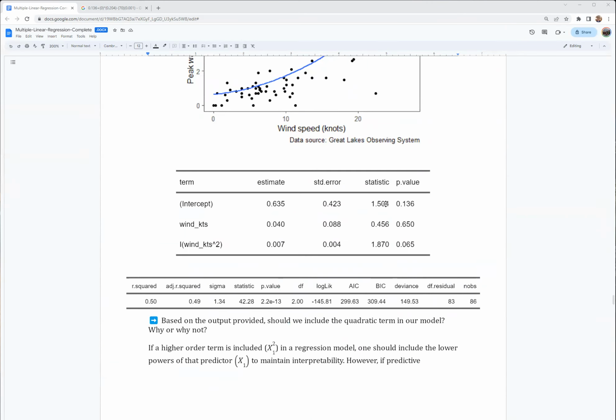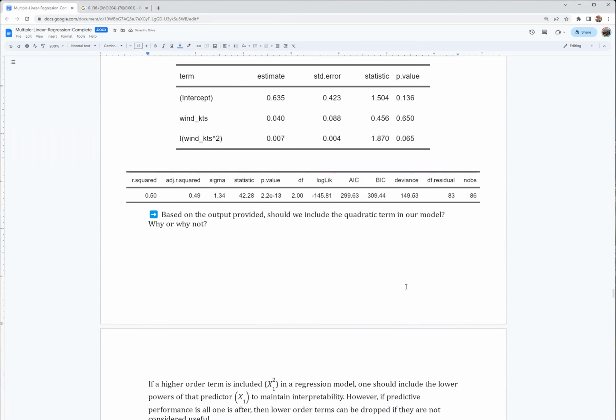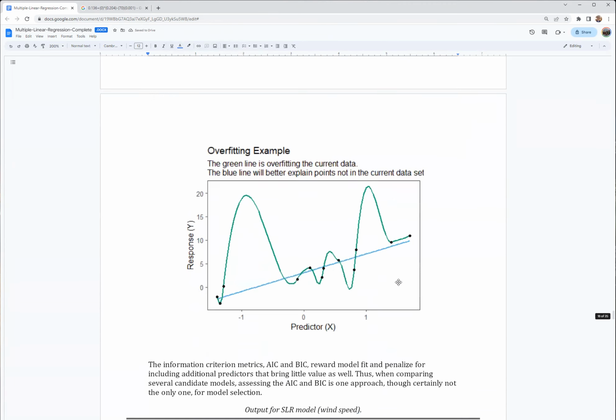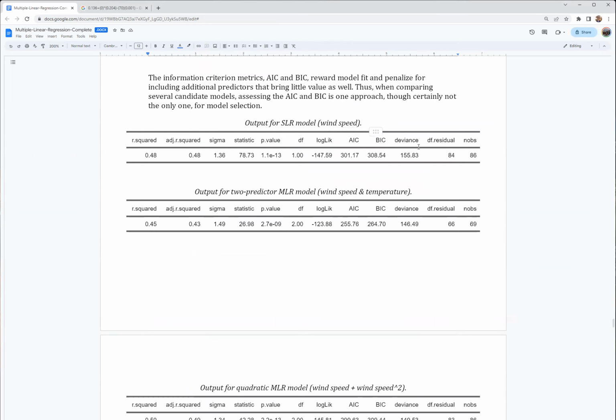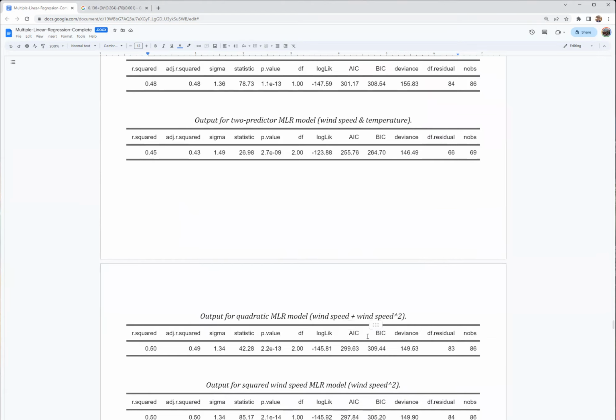So here's the result for the quadratic fit. And we get the AIC and BIC values for this model. So let's compare. Actually, we have the table of output down here. So we had wind speed, and then wind speed squared.